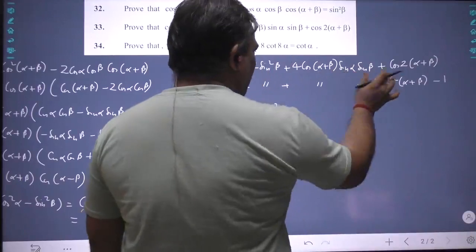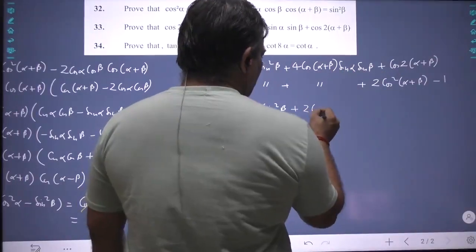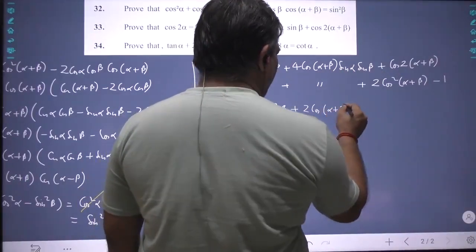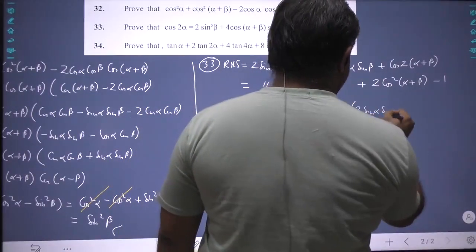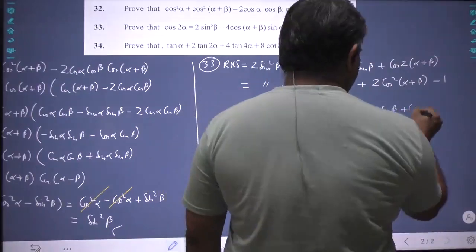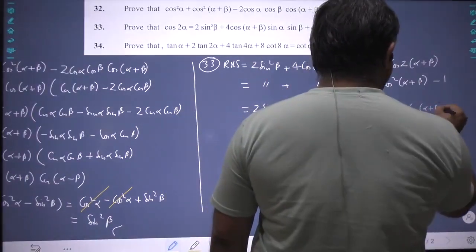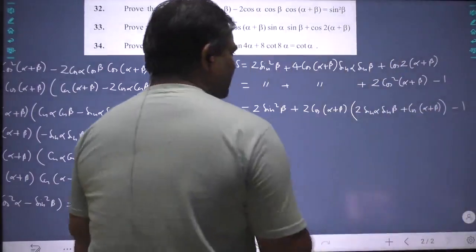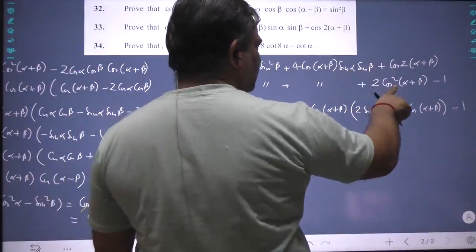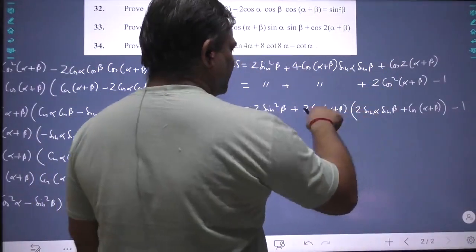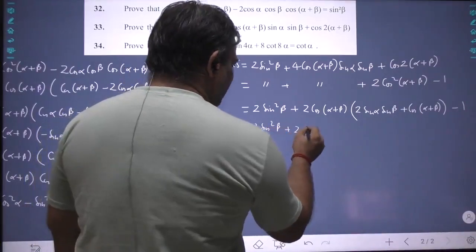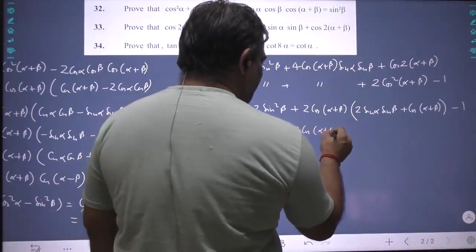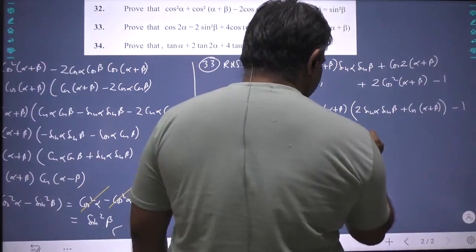From these two terms, you take 2 cos alpha plus beta common. So here you will be left with 2 sin alpha sin beta, and here you are left with cos alpha plus beta, and minus 1 remains. From the second term and this new term, I took this common. So here we have 2 sin square beta plus 2 cos alpha plus beta. Expand this.